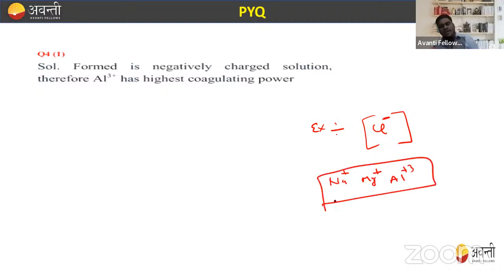Because I want to coagulate a negative charge, the one with more positive charge is more effective, that is aluminium. So aluminium has more coagulating power. This rule was given by Hardy-Schulze, and it is used to find the coagulating power of the cation. So just remember this.